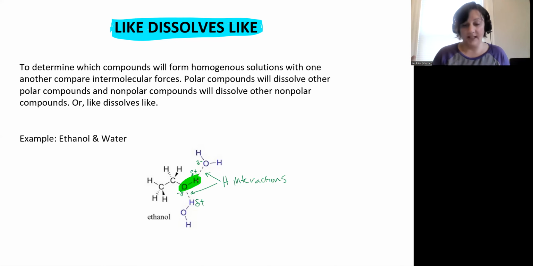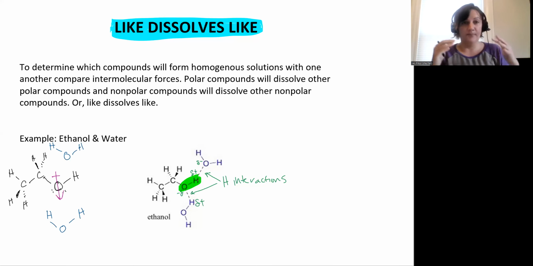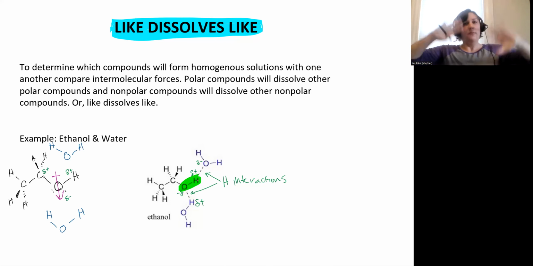We also have our dipole-dipole interactions for this. So I've redrawn it here, and we would have a dipole moment overall at the oxygen atom. We have that partial positive charge on the hydrogen and carbon bonded to it, and that partial negative charge on the oxygen. So we've got more electron density on that oxygen side.